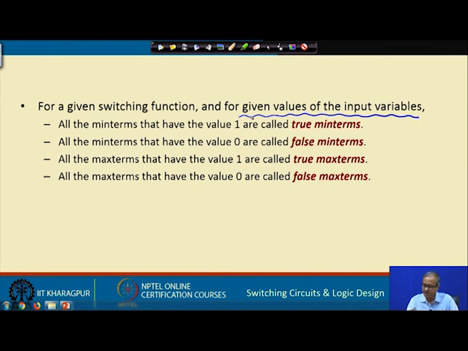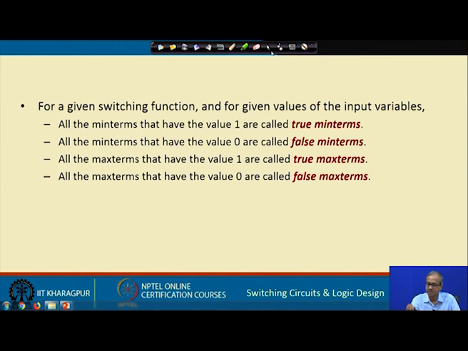For some specified given value of the inputs, if I evaluate the values, some of the min terms will have the value 1, some of the min terms will have the value 0. So, accordingly I call them either true min term or false min term. Similarly, I can evaluate the max terms, some of them will be 1, some of them will be 0, and accordingly I call them true max terms or false max terms. This is how the definition goes.